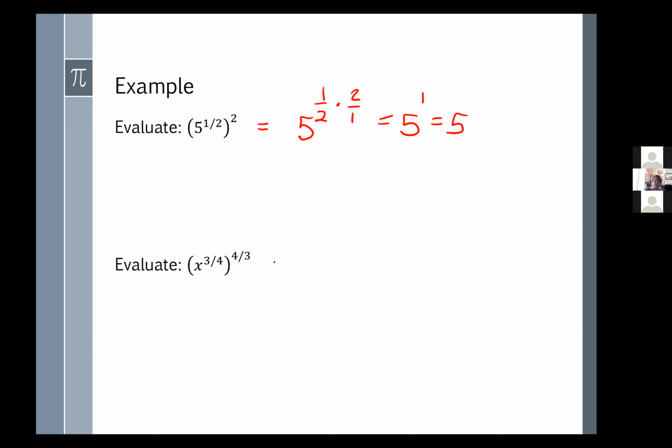The same is true down here. When I raise x to the 3/4 to the 4/3 power, I multiply the exponents. And when I multiply exponents that are reciprocals, I get x to the first power, or x.